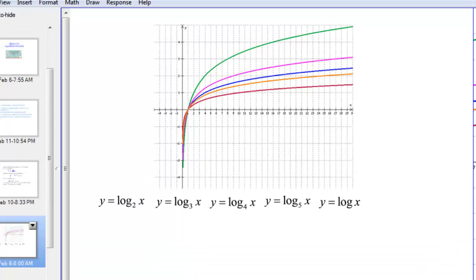First of all, notice that each of these graphs has certain characteristics in common. They're all increasing as long as x is greater than 0 and have no values for x less than or equal to 0. And finally, they all go through the same point here. They all go through 1, 0.